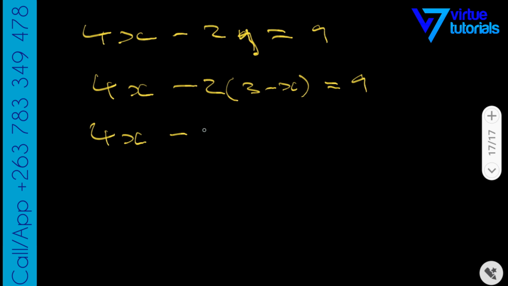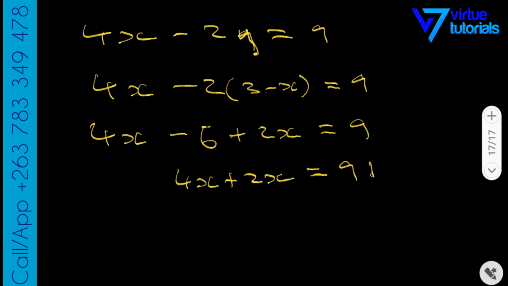4x minus 6 plus 2x is equal to 9, because minus 2 times 3, that's minus 6. Minus 2 times minus x gives you a plus 2x. So I take this 6 that side, then these add together, right? 4x plus 2x is equal to 9 plus 6. 6x is equal to 15.